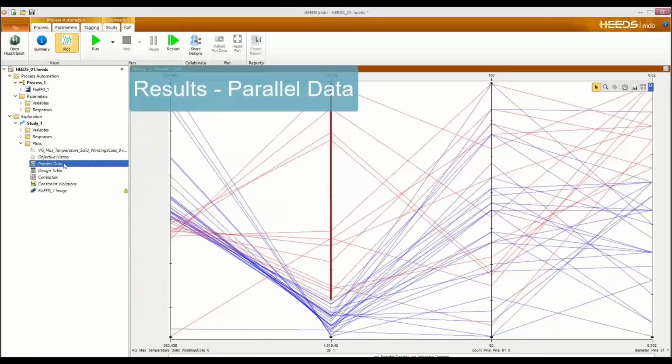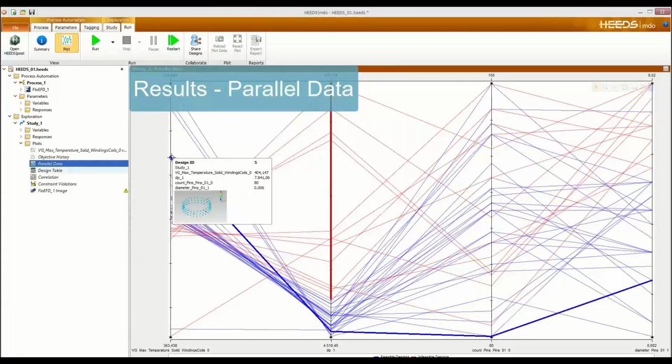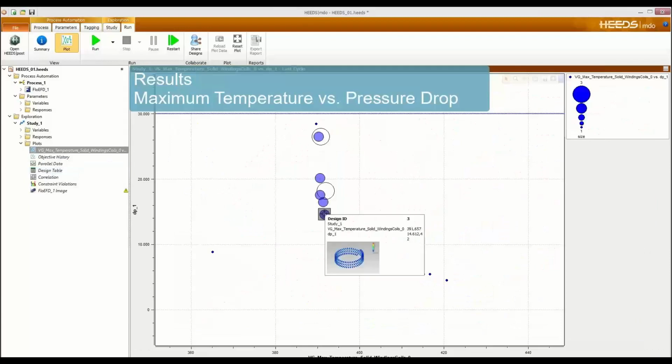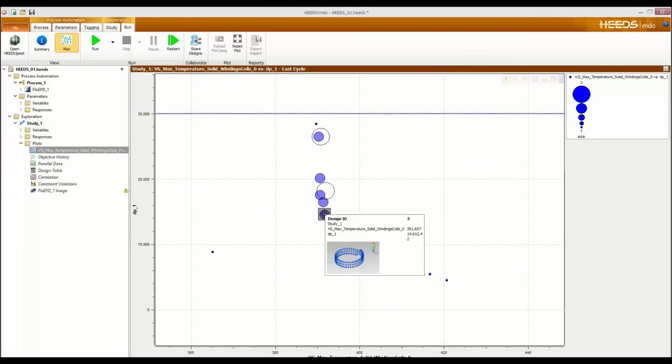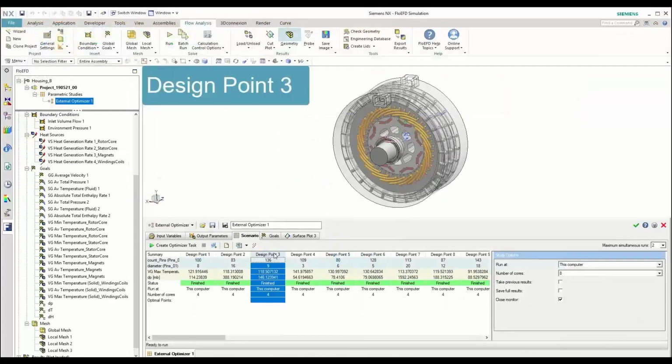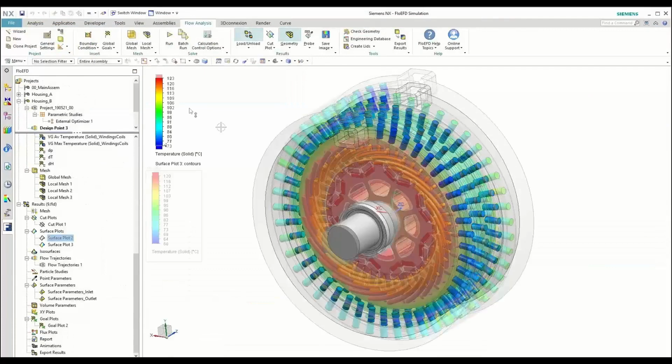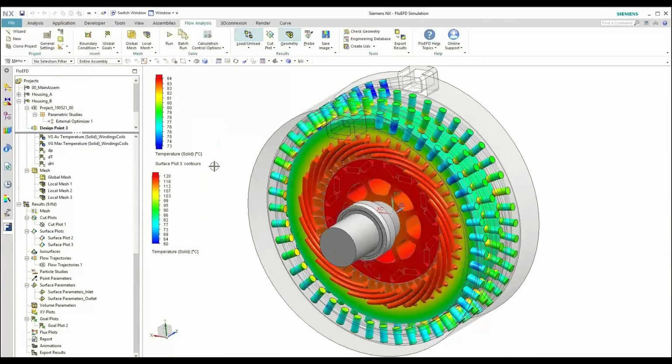We're looking at the different data in the parallel plots, where we're viewing in the x-axis the different responses, and each line represents a design. We're also looking at each of those designs. And now we're going to map those results back into the design and see the performance of the system, how it impacts the change.